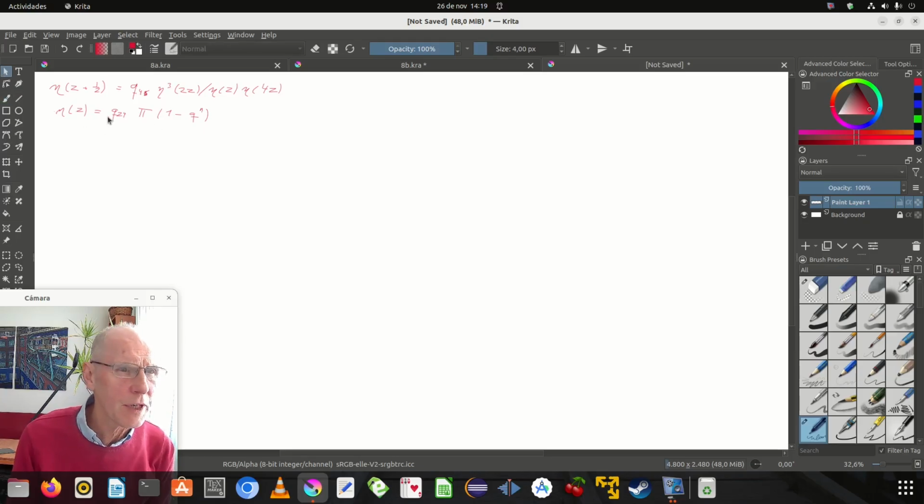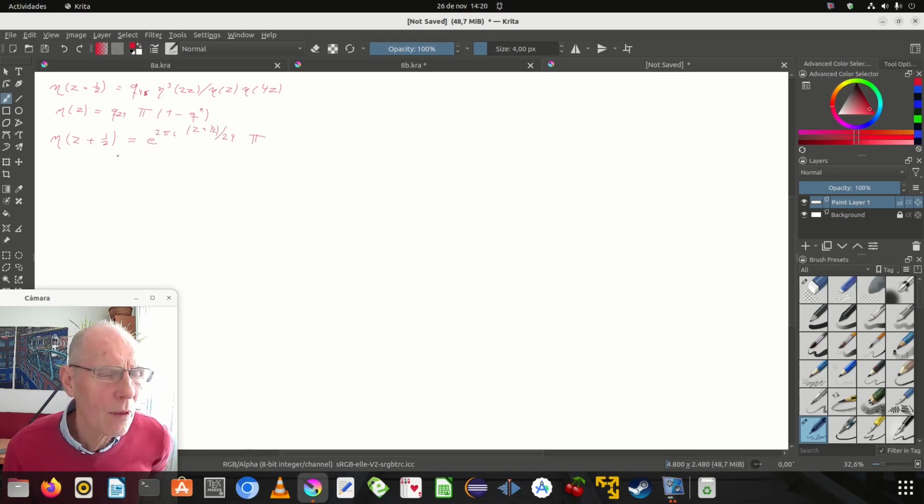I've rewritten the definition of the eta function and then the formula we must prove. And it's just starting in eta of z plus 1/2. Q of, we'll just write it up here, and then 1 divided.